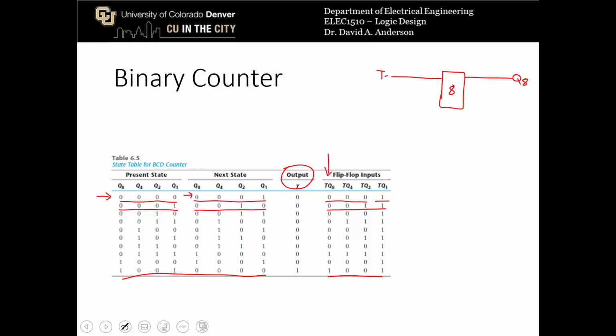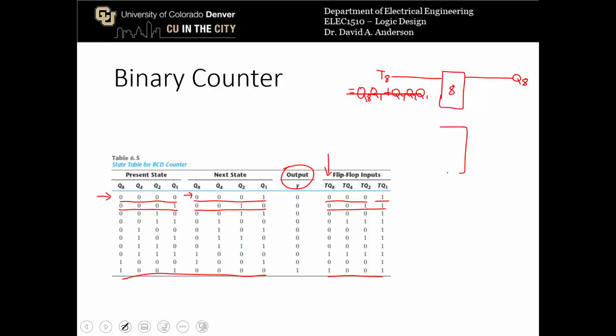In the table, it's called TQ8. I think it's more appropriate to call it T8. And T8, when you optimize it with a K-map, is going to be equal to Q8 Q1, or Q4 Q2 Q1.